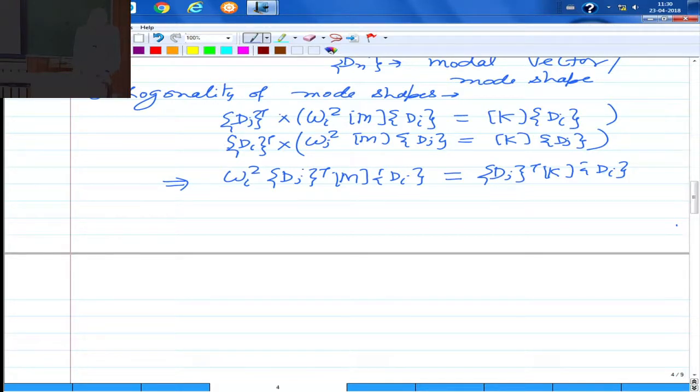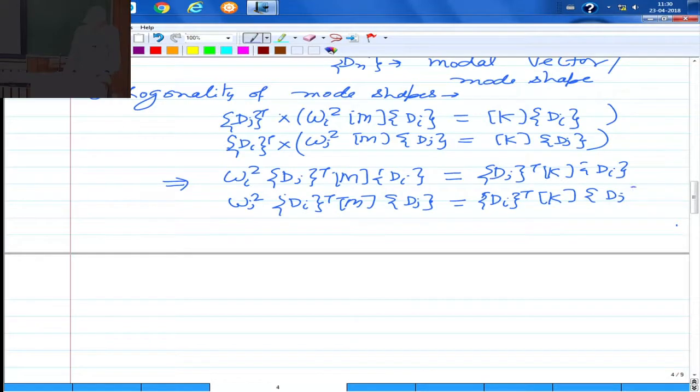The second equation becomes, similarly taking out omega j squared, di transpose into m into dj is equal to di transpose into k into dj.